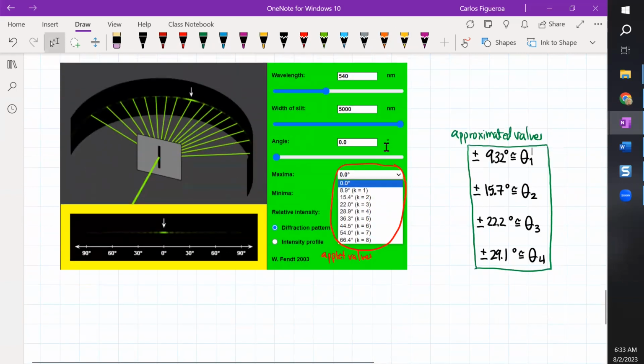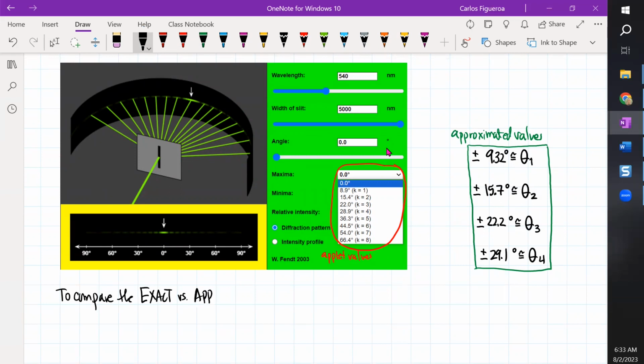So what we're going to do here is compare the exact versus approximate, and I will compute the percent difference. The actual values are the ones in the applet.